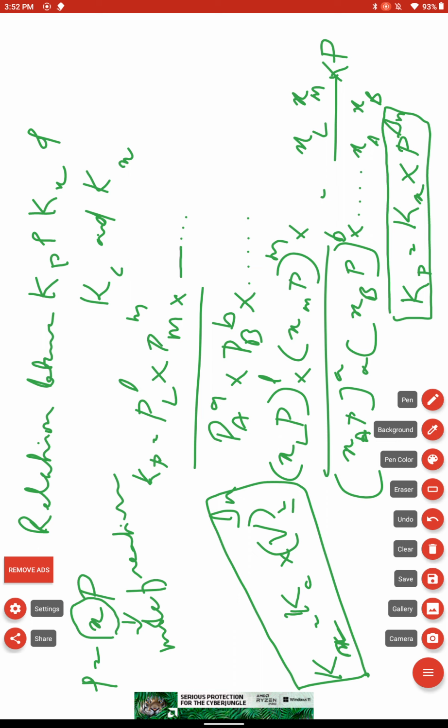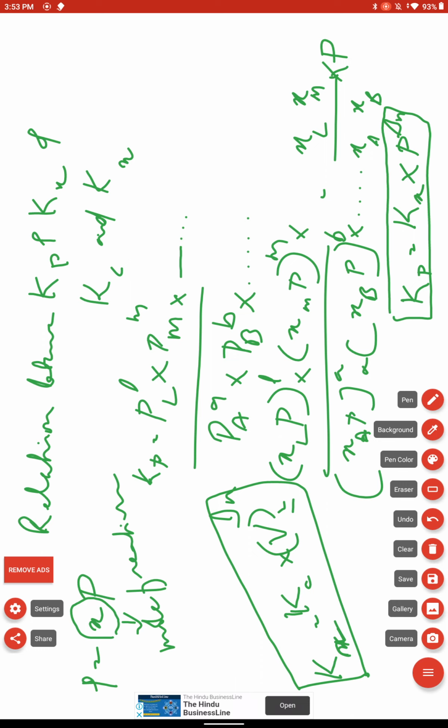If it consists of 1, 2, 3 components, we can write G, that is free Gibbs energy, as N1 mu1 plus N2 mu2. Mu is the chemical potential. From that we derived an equation: mu i for the ith component, mu i is equal to mu i 0 plus RT ln a i. Mu i 0 is the standard chemical potential, at the standard state.